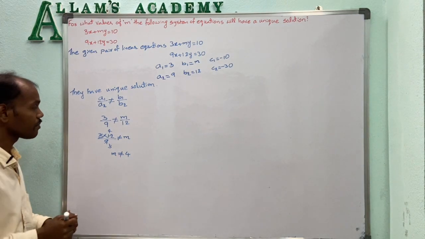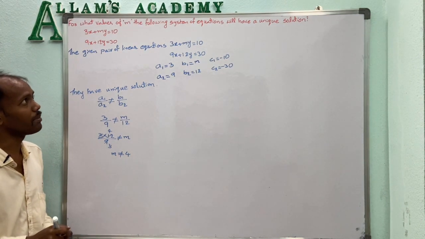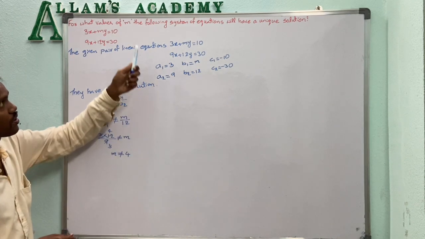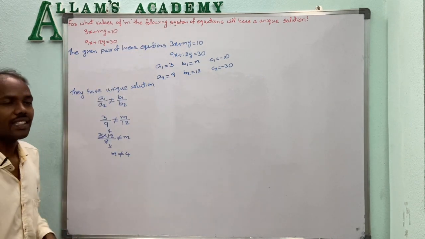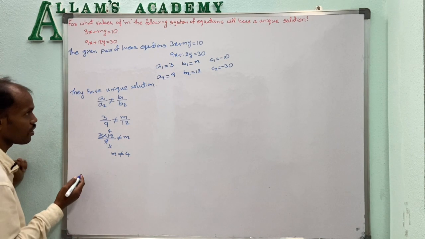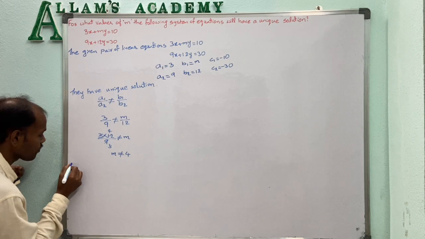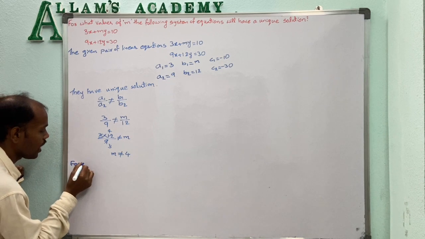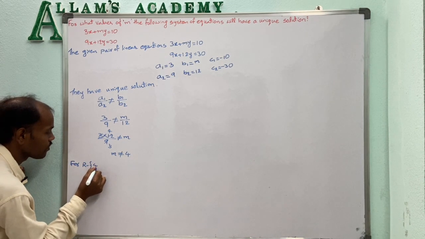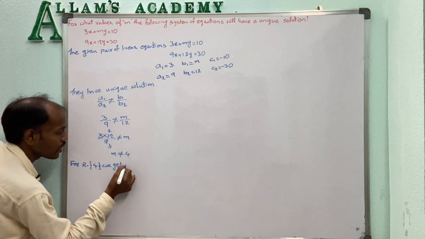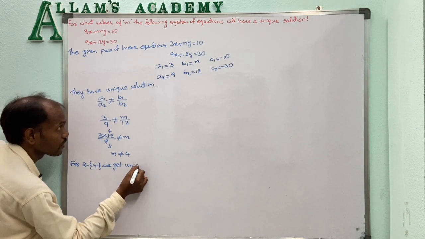So for the real numbers except 4, any value we substitute, the pair of equations has a unique solution. So for R minus 4 we get a unique solution.